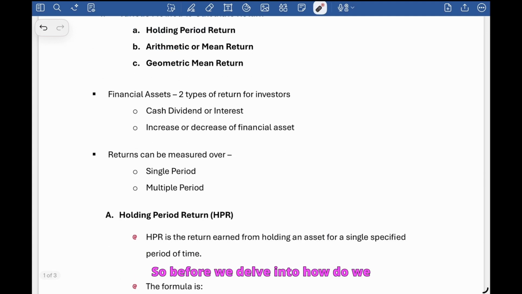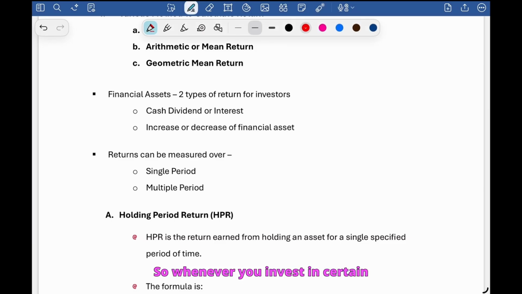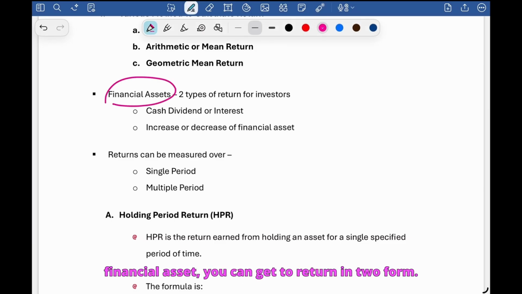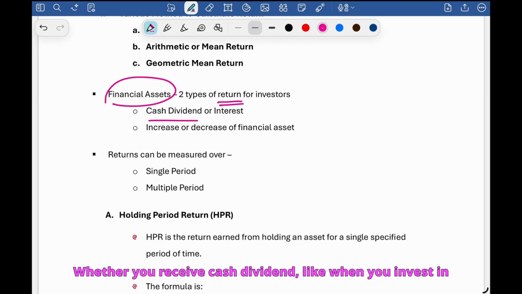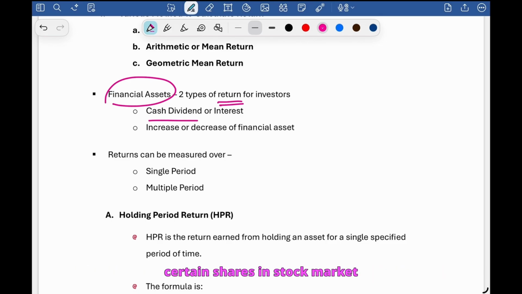Before we delve into how we calculate, let's first understand what's written: for a financial asset, there are 2 types of return: for invested cash and for interest, and increase or decrease of the financial asset. It is pretty much explanatory. Whenever you invest in a certain financial asset, you can get return in 2 forms. Either you receive cash dividends, like when you invest in shares in the stock market, or, if a bank gives a loan, which is an asset for the bank, they get interest on that loan.